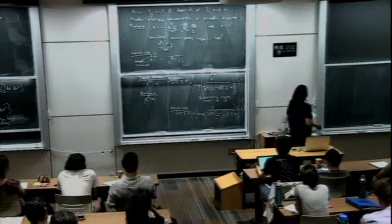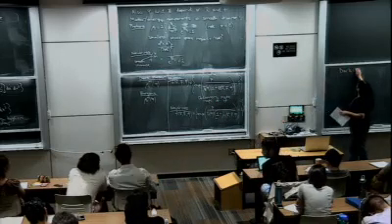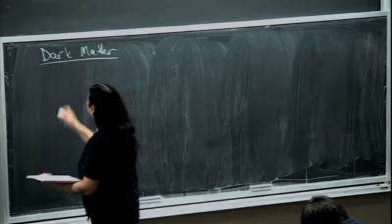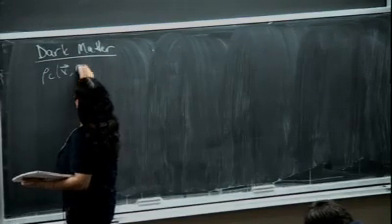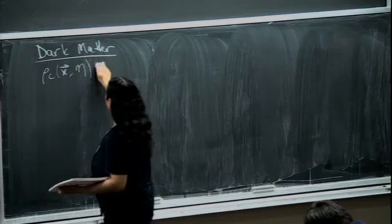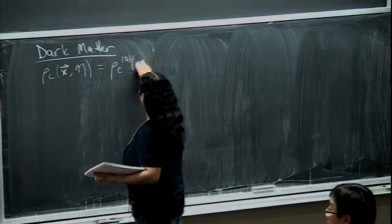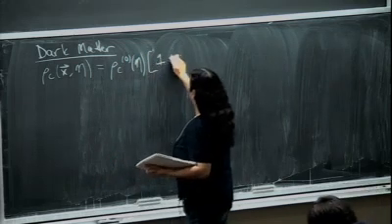Okay. So our dark matter is going to look like rho c, and we're going to have the smooth rho as a function of time, times 1 plus delta.